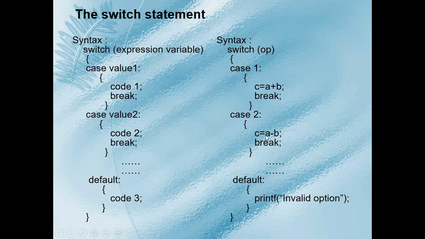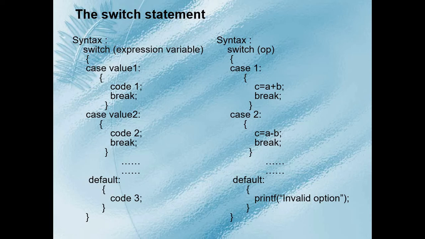In that case, it executes subtraction and so on. And as I told in the previous slide, if the option selected by the user does not match with any of the case values, then it goes to default and it executes the statements in that block. So in this case, it prints invalid option.